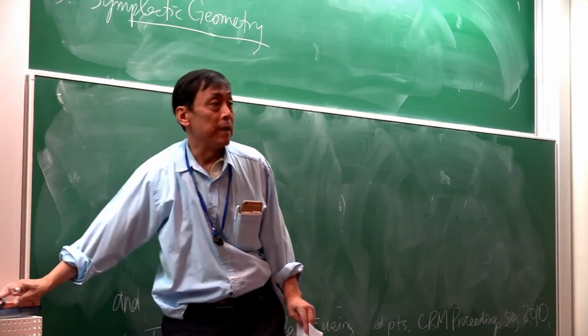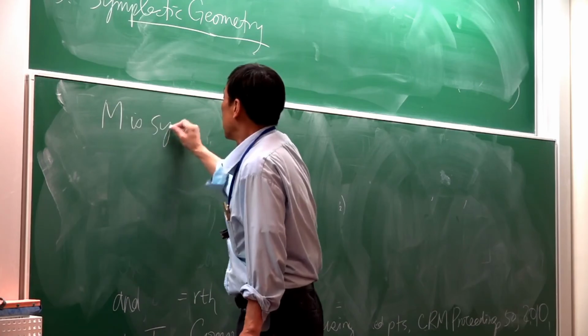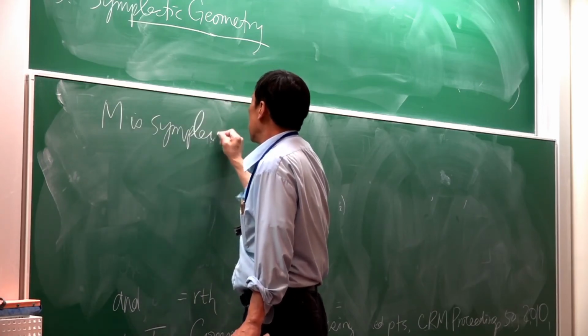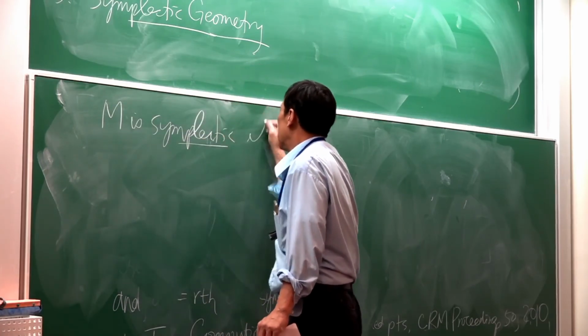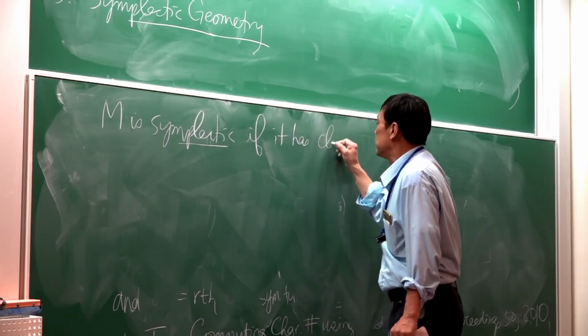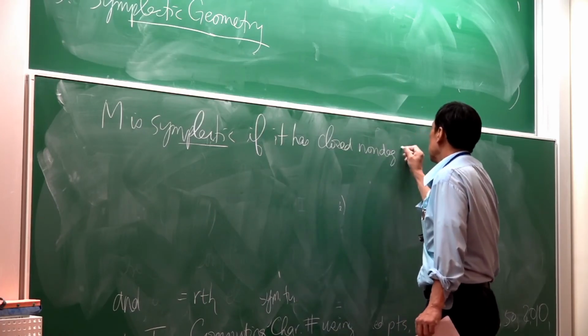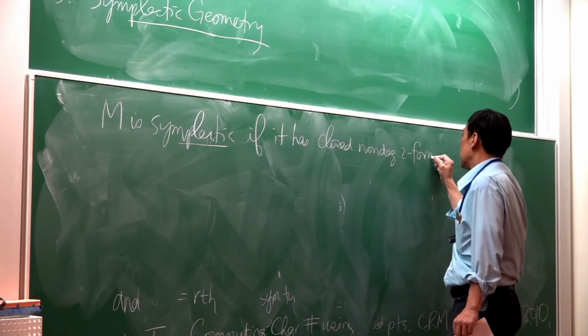A symplectic manifold is a manifold that has a closed, non-degenerate 2 form on it.